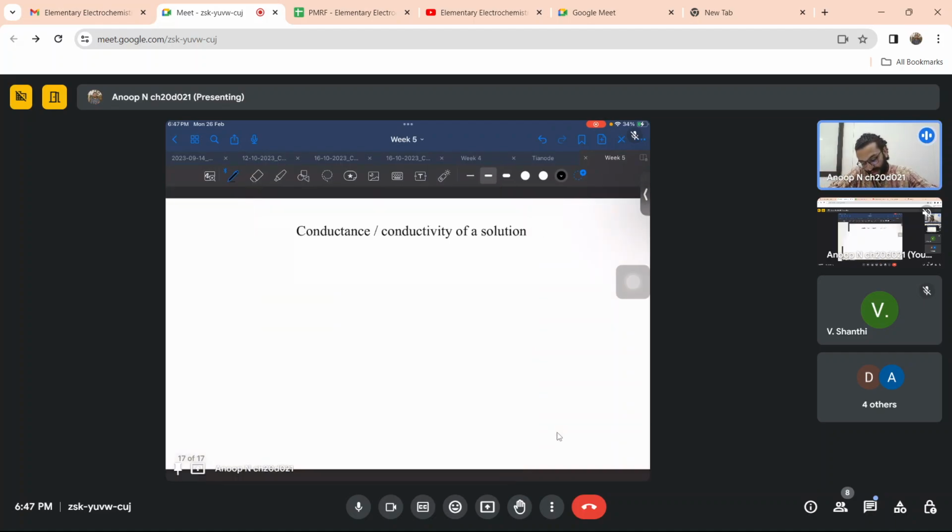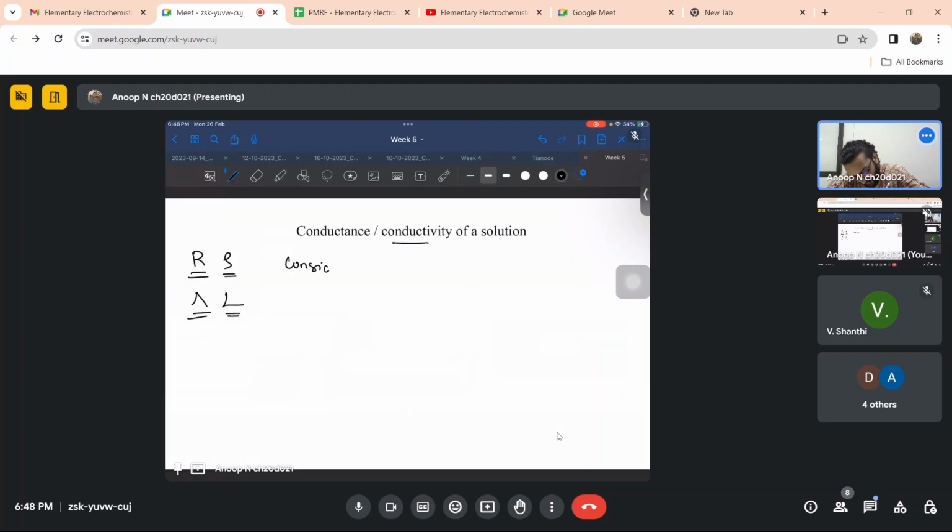So we'll move on to the next topic, which is relatively very easy, and you can expect more problems to come from this portion. So we have something called resistance, resistivity, conductance, gamma, then conductivity. So what is resistance?